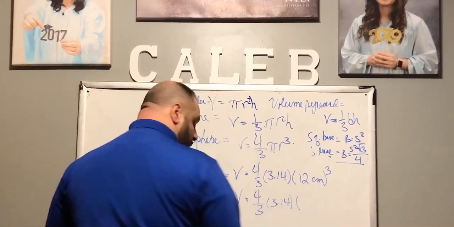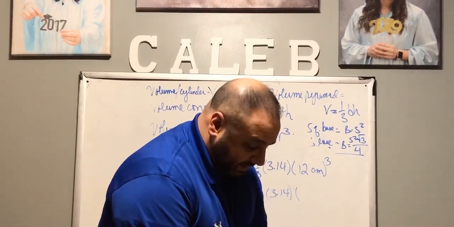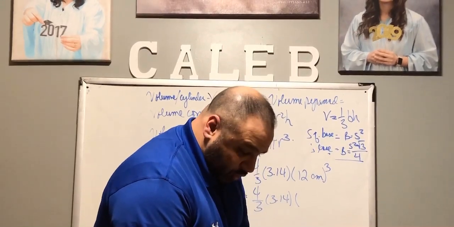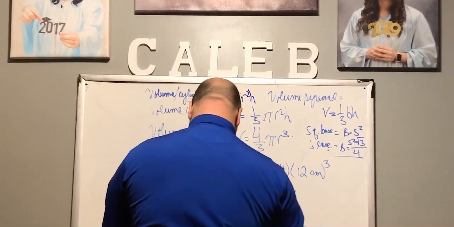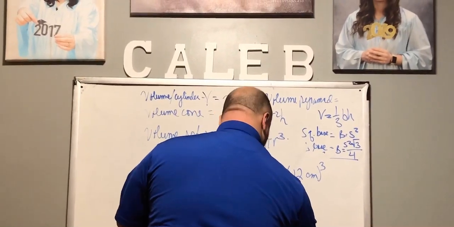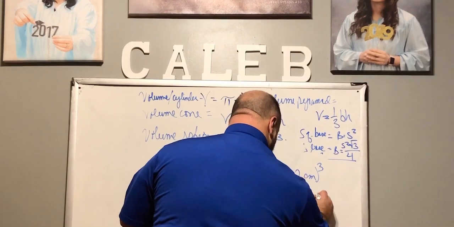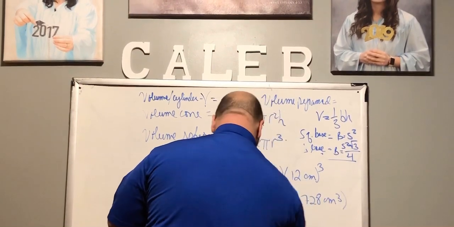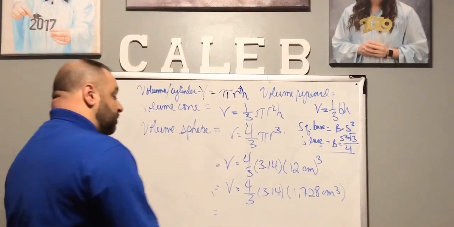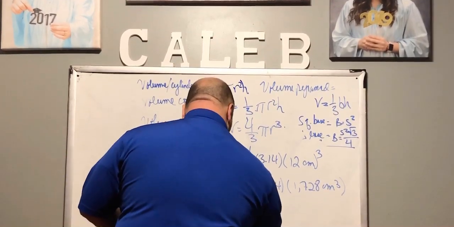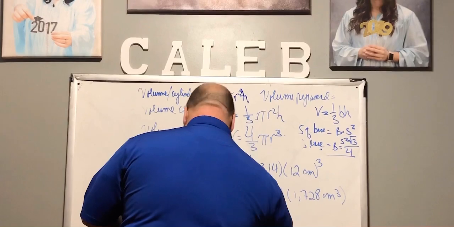Looking at this problem here, get your calculator out. So 12 cubed is 1,728 centimeters cubed. Let's quickly multiply 3.14 times that.